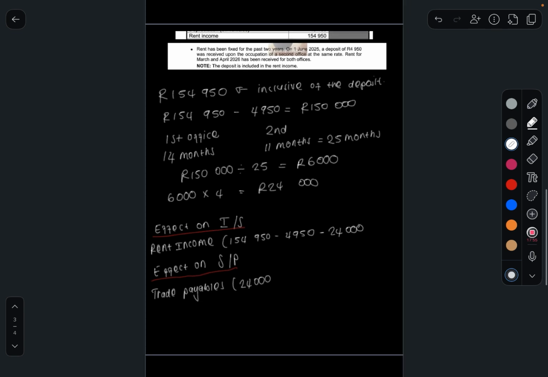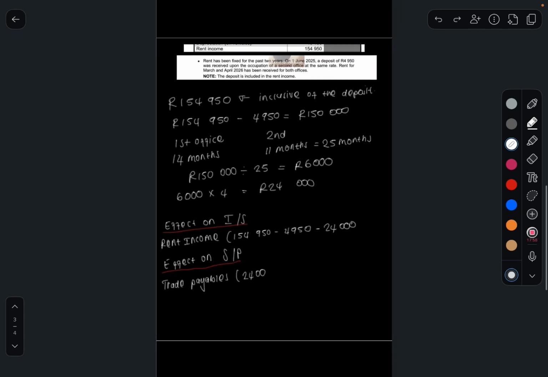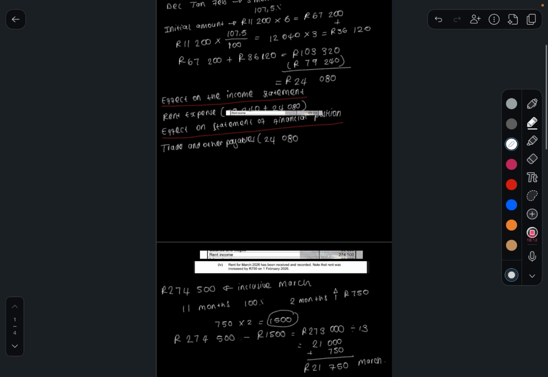They might want it anytime, and that's basically it. Sorry, it's a deferred income. 24,000. It's a deferred income. Okay, so that's it for the rent adjustments.